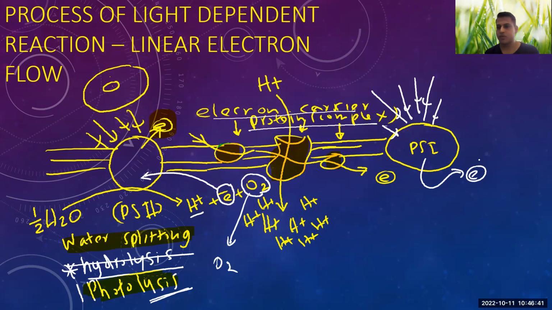Now the PS1 complex becomes very unstable because it lost electrons. The same thing happened to PS2: electrons were removed from PS2, so it is very unstable because some of the chlorophyll molecules have no electrons. Now the story is a little bit easier for this one. This electron can move into PS1. There is no photolysis or water splitting here. This electron comes from PS2, moving to PS1.